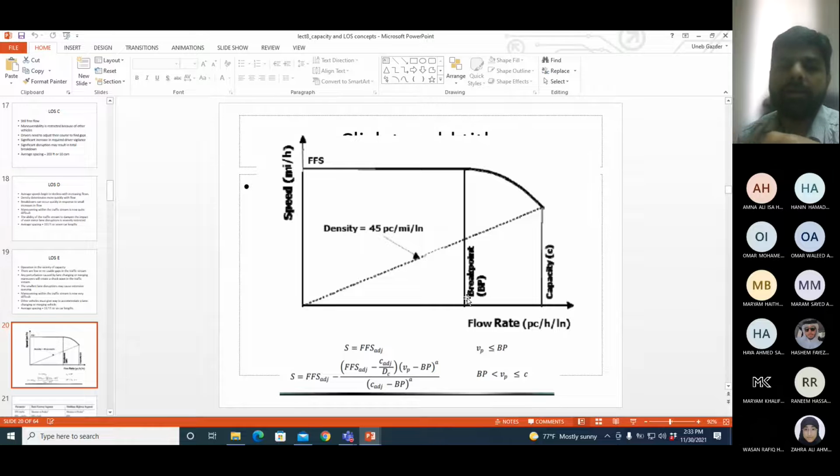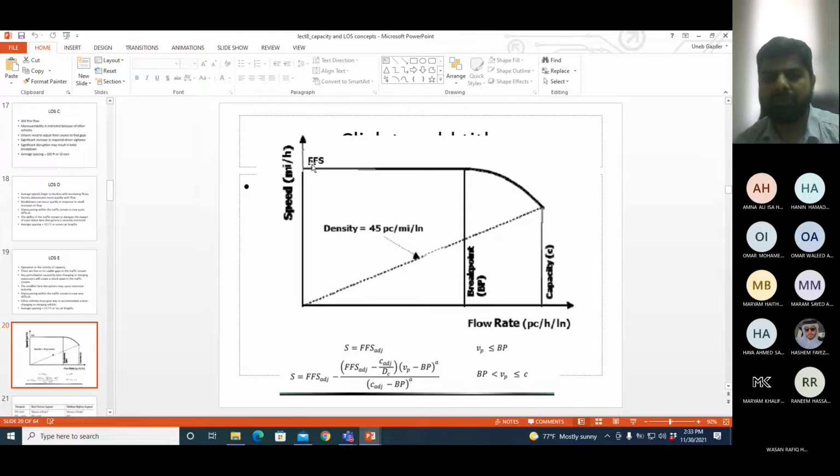Now the equation of this graph is given at the bottom. The first portion of the graph is a horizontal line. For a horizontal line, you don't need an equation, right? The line is not inclined, so I don't need an equation. It's a single value, which is equal to free flow speed.